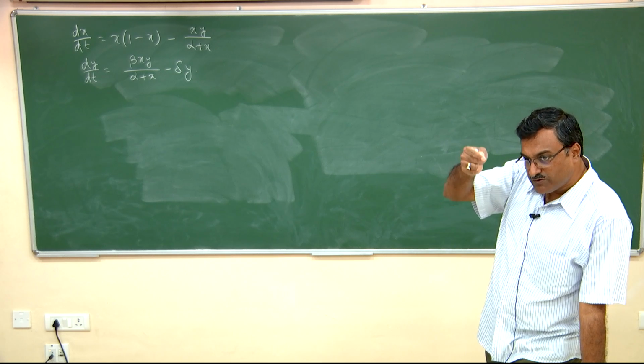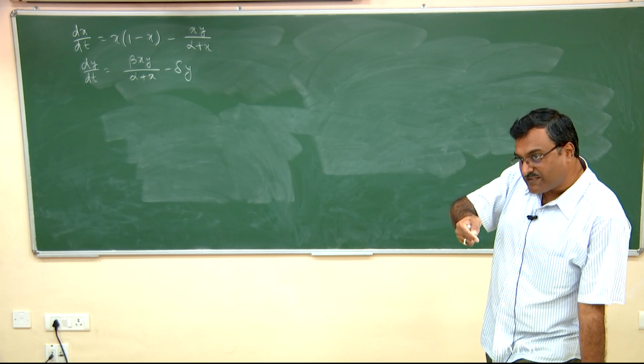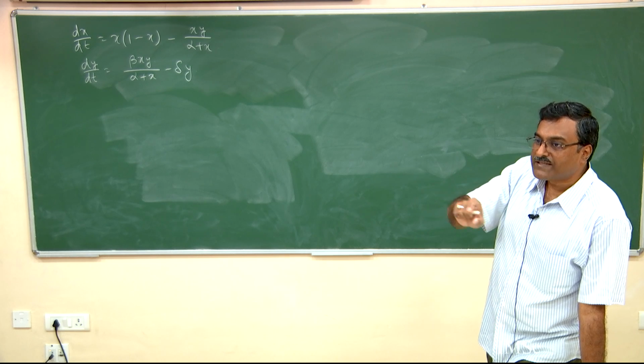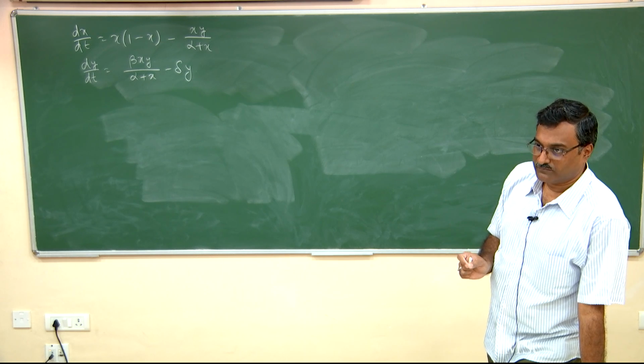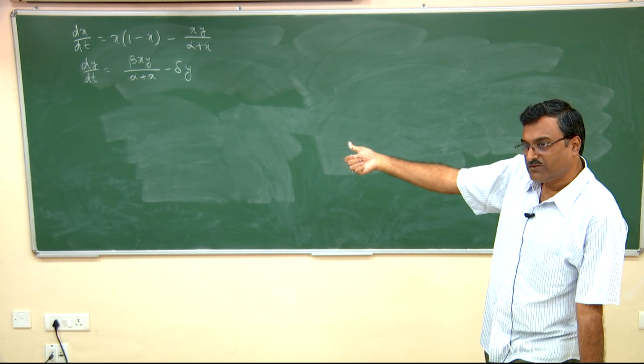So you can choose lambda, mu, eta such that 3 of the coefficients can be made equal to 1. So once they are equal to 1, the resulting model will have 3 parameters.